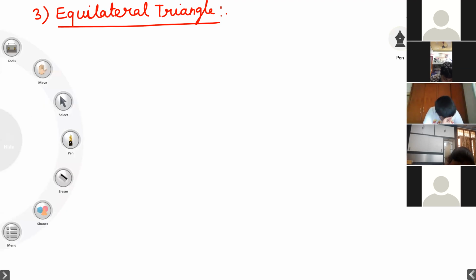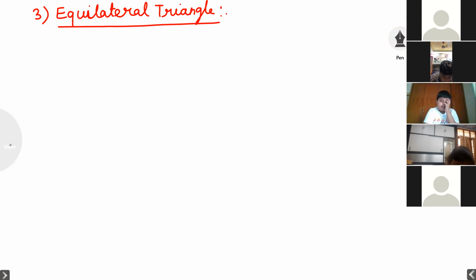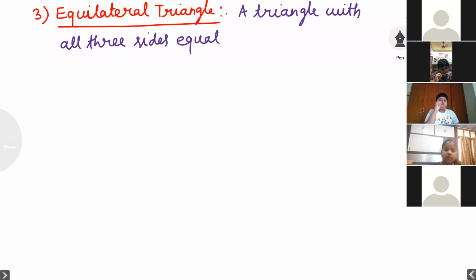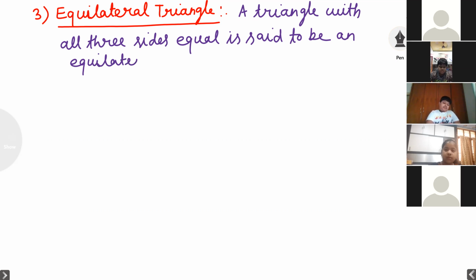Note down. A triangle with all three sides equal is said to be an equilateral triangle. Draw this figure, everyone.